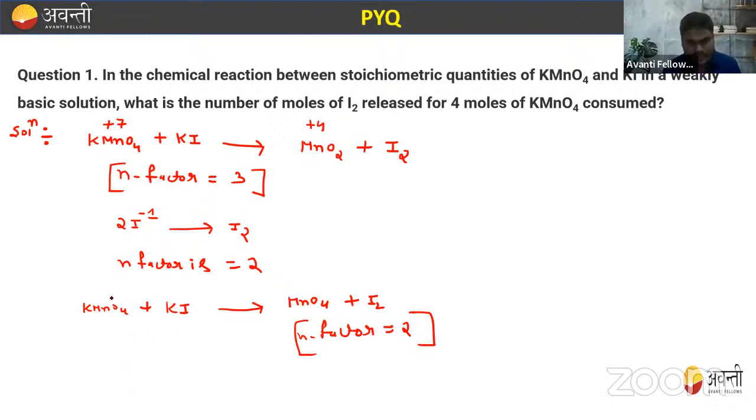Can anyone tell me for this side? What is the N factor? They are asking for the N factor. In this case, the N factor is 2. And for the other side, if you want to calculate the N factor, then the N factor is equal to 3. So this is how you can actually calculate this.